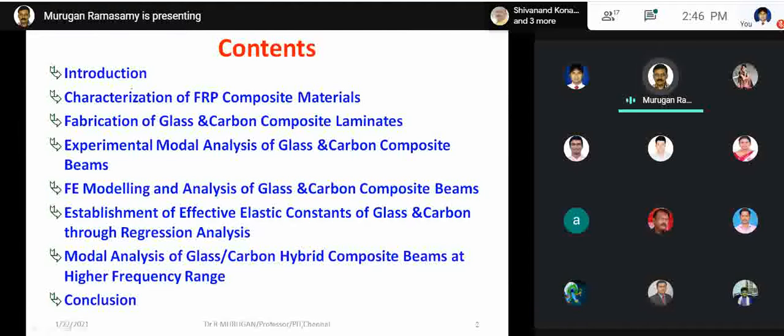First, we have an introduction. In the introduction, we will see what the applications of composite material are, and how composite materials are characterized.